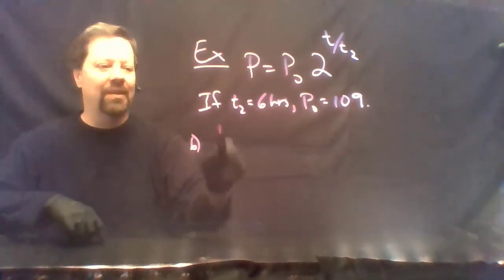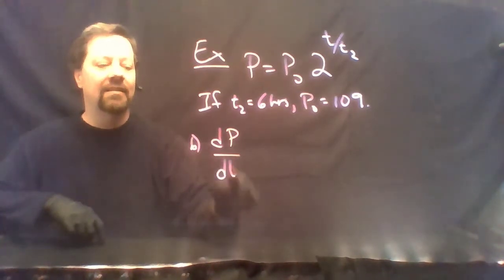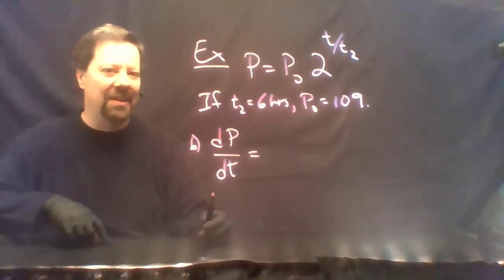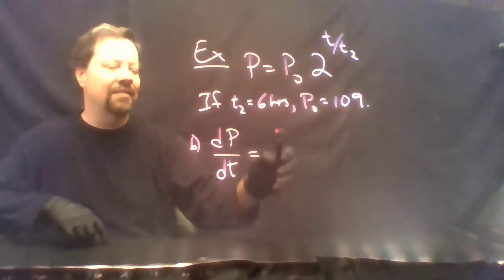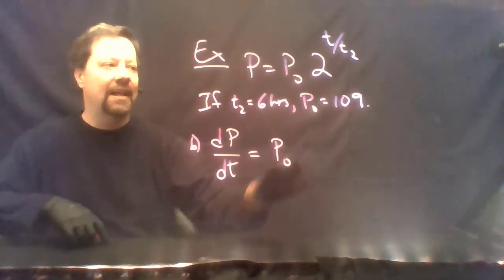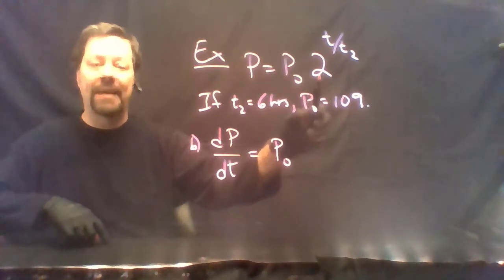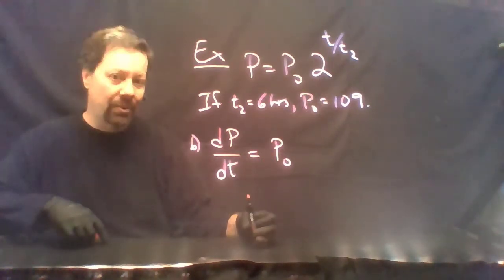On the next part of the problem, I want to find the rate of change of the population with respect to time. P naught is a constant, so I get P naught times the derivative of 2 to the power of t divided by t2.